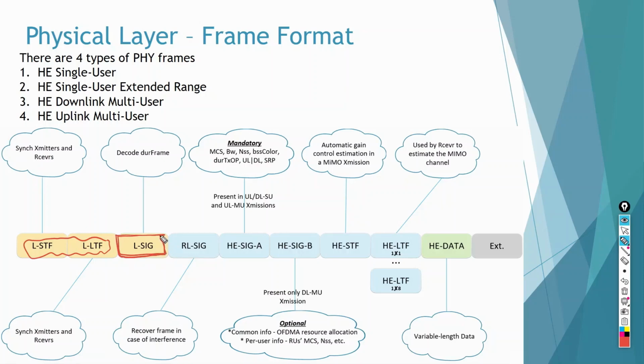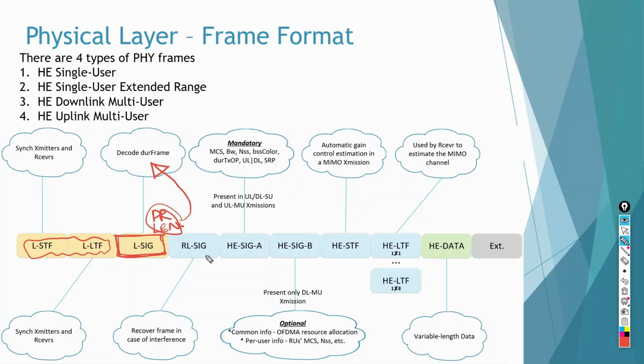It is used mainly by legacy devices to read the data rate as well as the length of the frame. With this information, we can decode the duration of the frame, and thus we can update the legacy devices' NAV timers and defer the transmissions until the ongoing 11AX transmission finalizes.